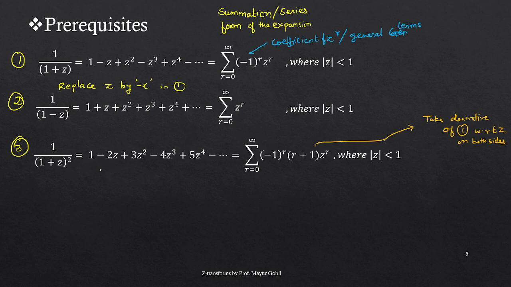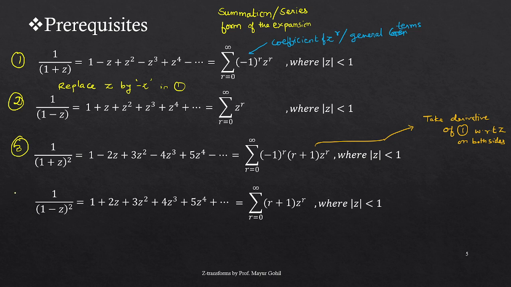The third one will be derived from the first. And then let's go for the next formula. Again, the very similar version of the same. What you need to do is replace z by minus z in the formula number 3.